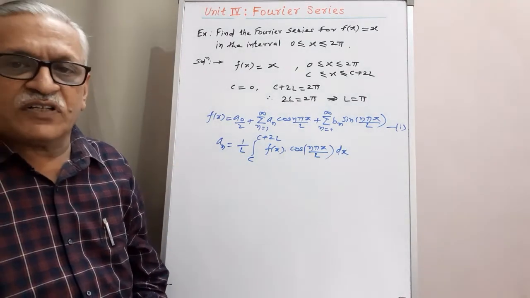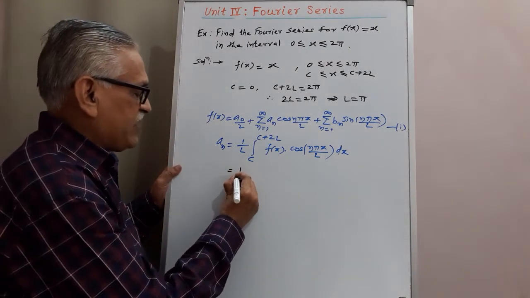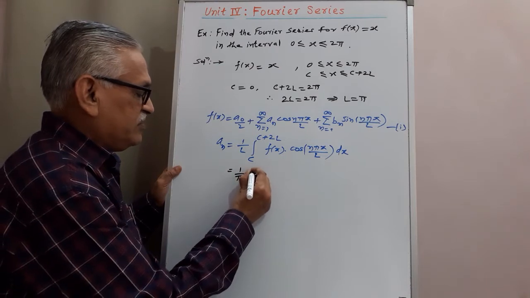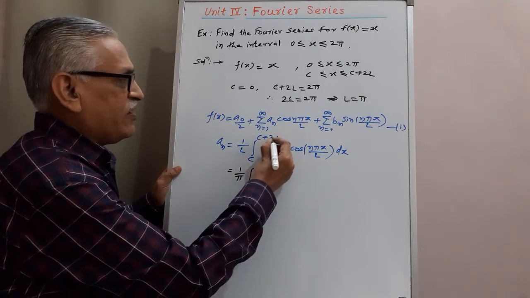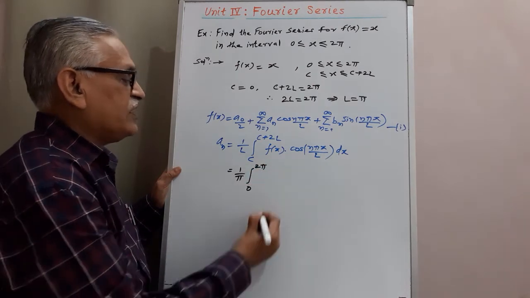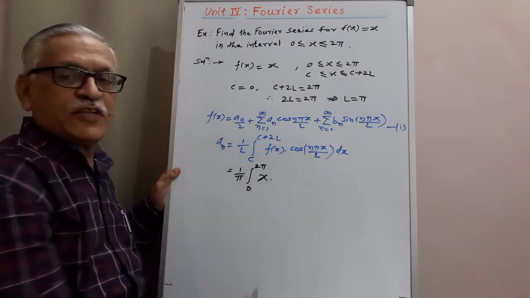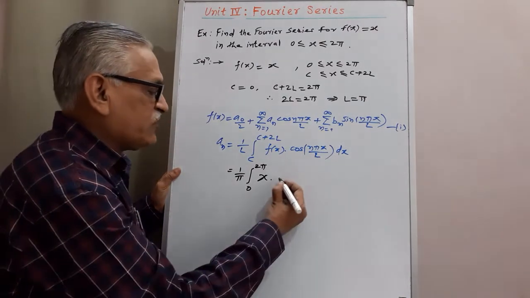Substituting the values, we get 1 by pi, c is 0, c plus 2l is 2 pi, the function f of x is x, and substituting L as pi, pi gets cancelled, we get only cos of nx.